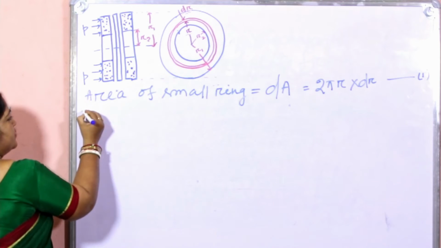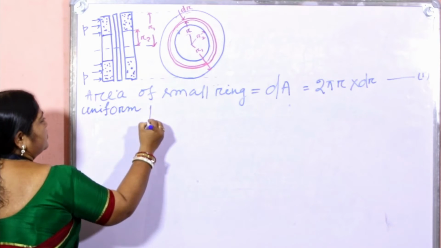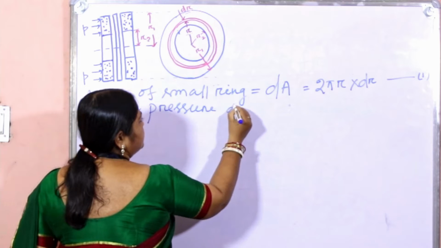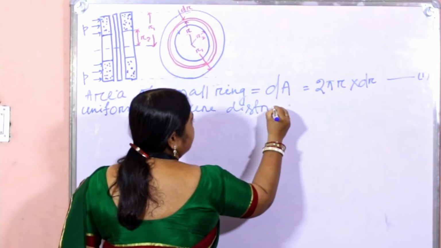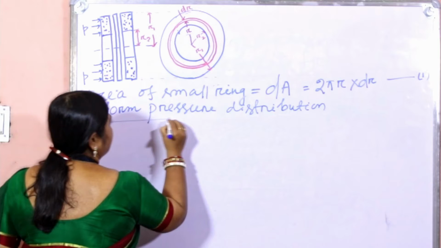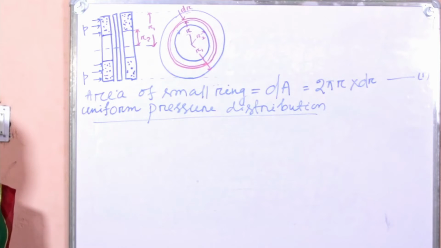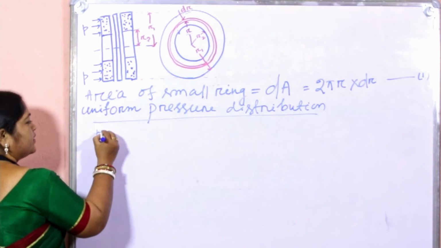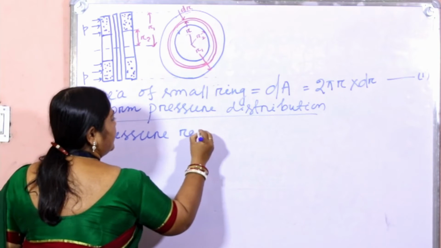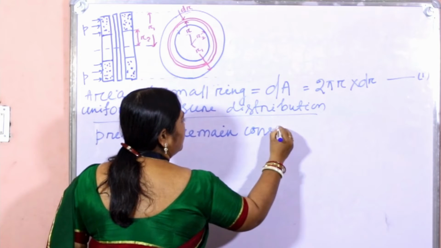Next, for uniform pressure distribution, the pressure remains constant.